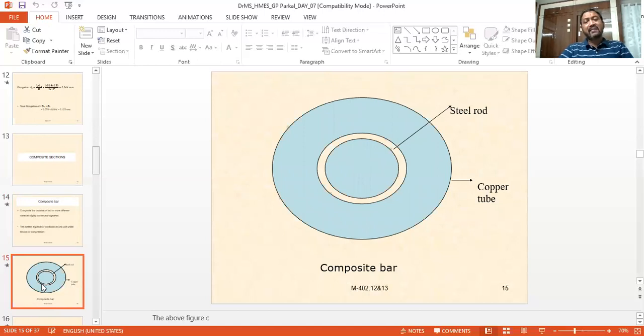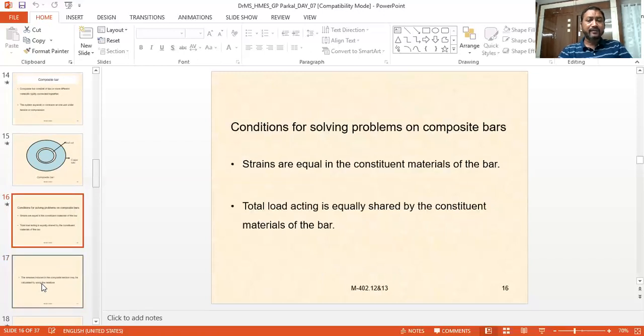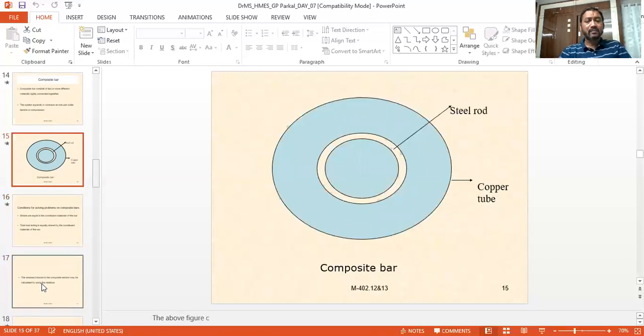The steel rod has a different area, and the copper tube has a different area, but both ends of the steel rod and copper tube are joined together. Both ends are closed. Then if some amount of force is applied externally to that bar, the bar behaves like a single unit, and it is called a composite bar.